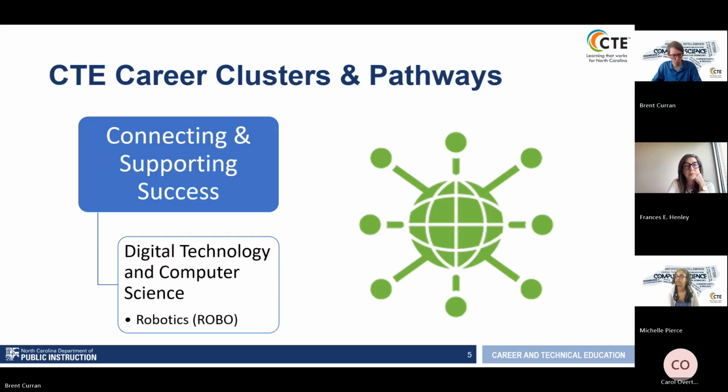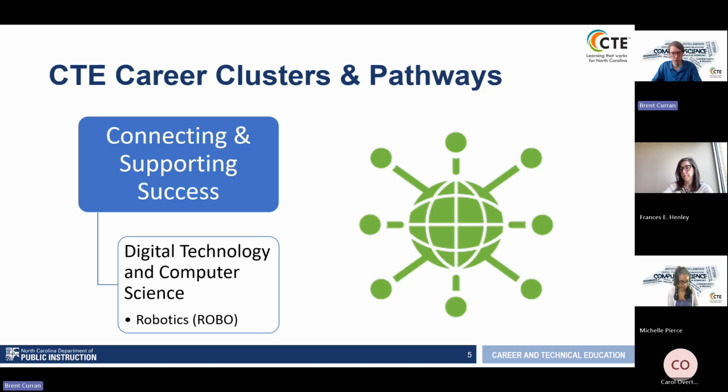So with the new school year coming, we have our new cluster groupings, career clusters, and pathways. This cluster grouping is going to be connecting and supporting success, which is a cross-cutting cluster grouping. And within that, the cluster is digital technology and computer science. The primary pathway for this course is going to be the robotics pathway.